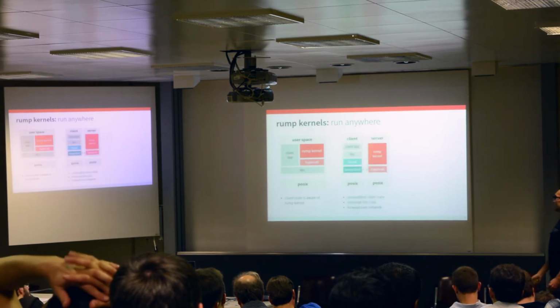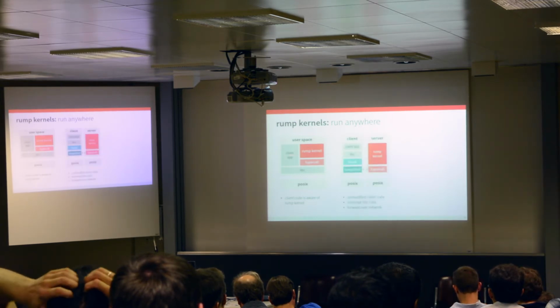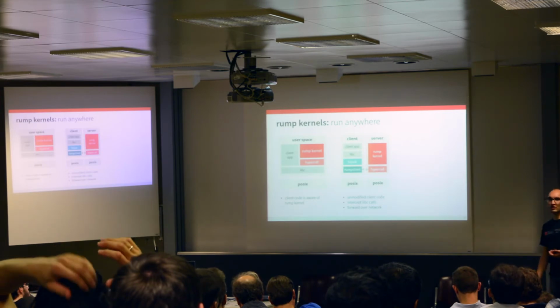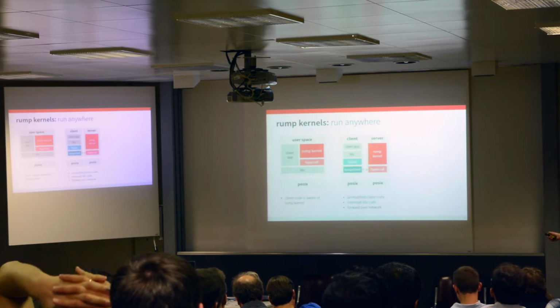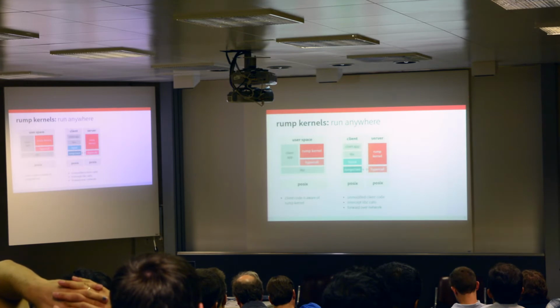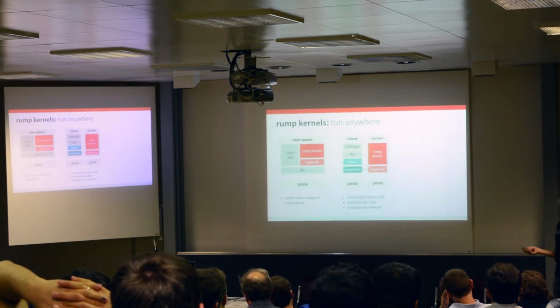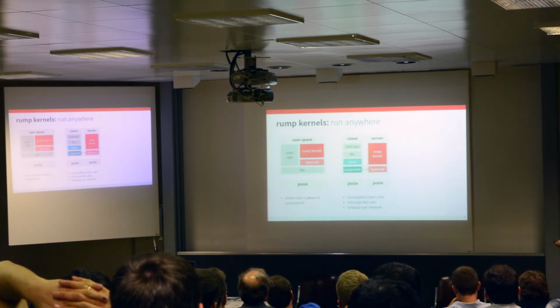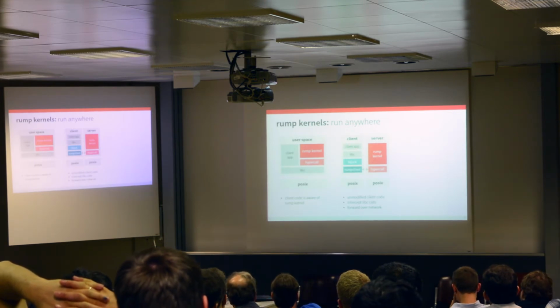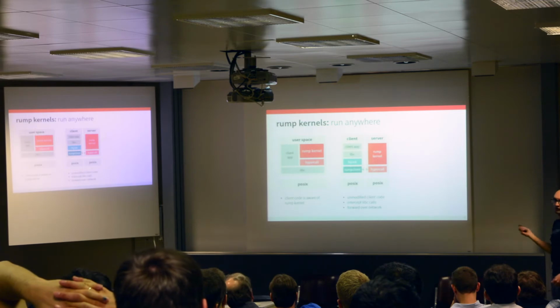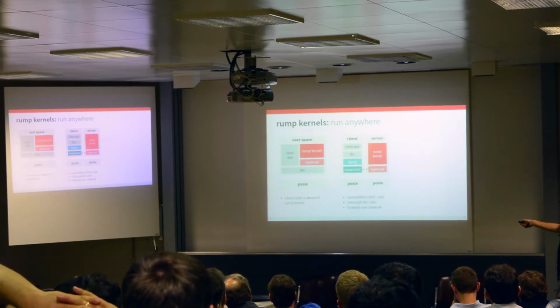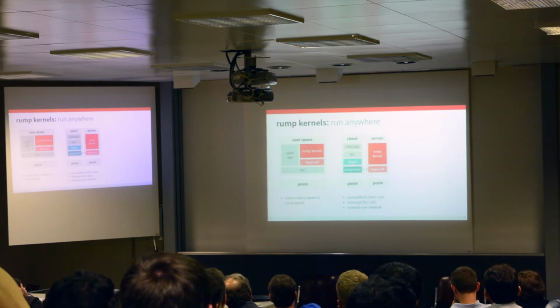So this is why they added the second basic architecture, which again features a client app. In this case, the client app is unmodified, so it's normal C code or anything. And it talks to libc. So any well-behaved C software talks to libc when it wants something from the operating system. But now we have this hijacking library, so it basically intercepts the libc calls and forwards them to the Rump kernel.